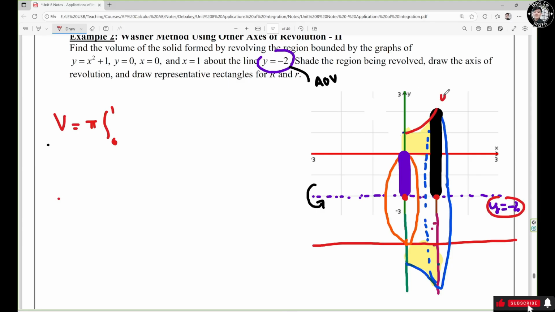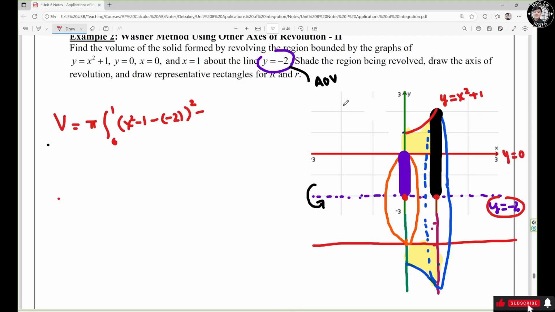But this guy right here is y equals s squared plus 1. So you have s squared plus 1 subtract y equals negative 2, subtract negative 2 all together squared, minus the smaller radius, which is this one, y equals 0.